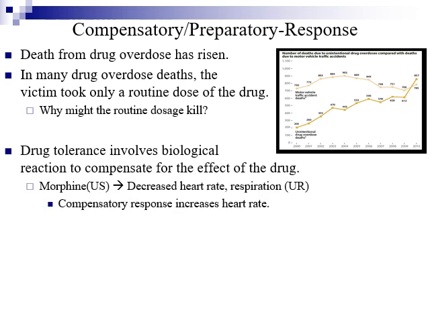What we know is that drug tolerance involves, of course, the biological reaction. So there are biological changes to how the body responds to a drug. But there are other components too. Part of that biological reaction is that, for example, morphine produces a decrease in heart rate and respiration.